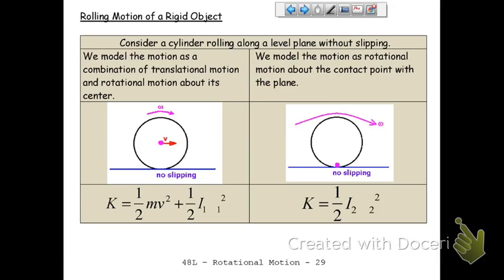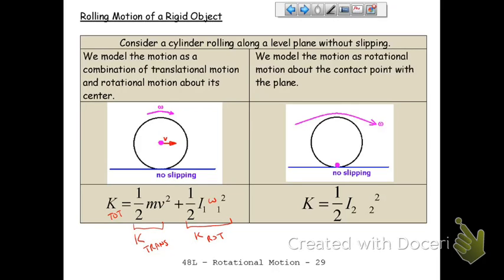It'd be nice if all this worked out. So K total is equal to a half mv squared, that is K translational, plus a half I omega squared, and that's K rotational.